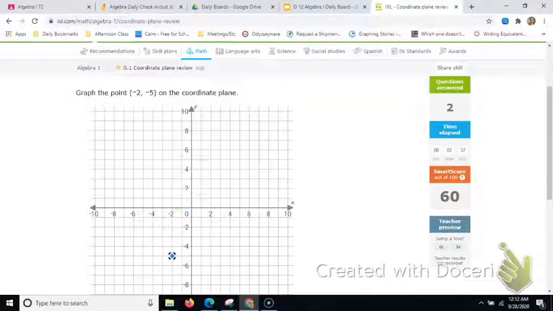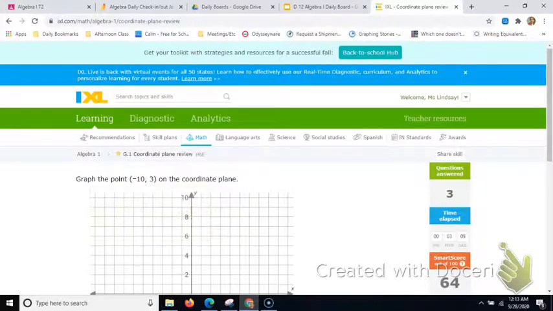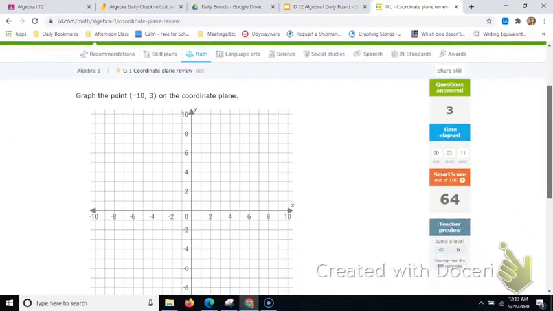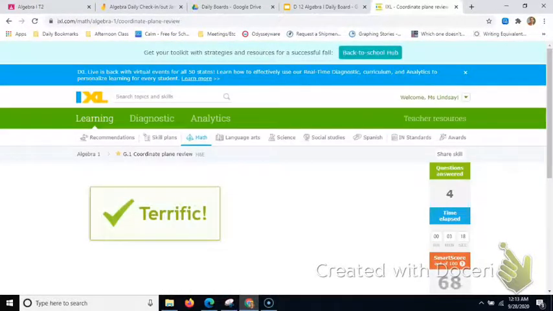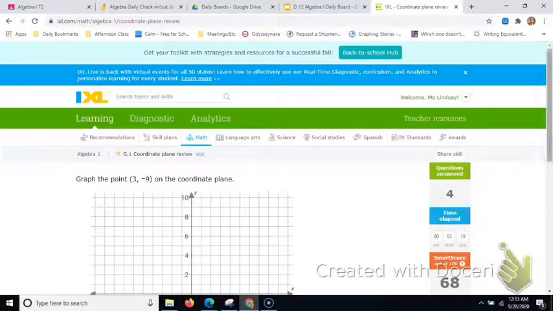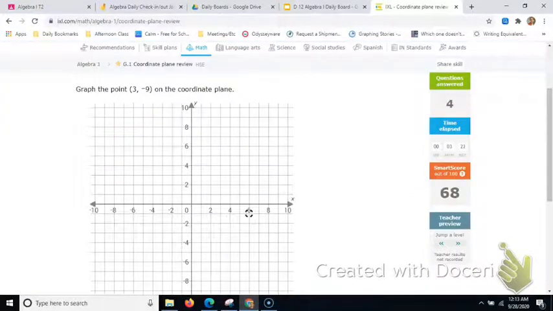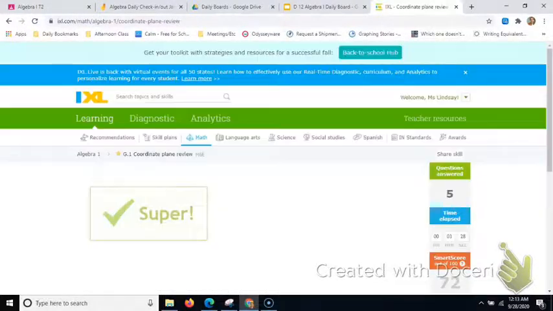So left and right, the first coordinate tells me left and right, the second coordinate tells me up and down. -10, +3. -3, -9. I drifted. I was almost at 2, -9.